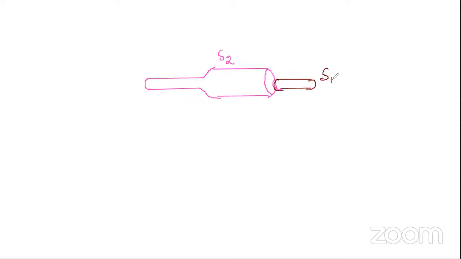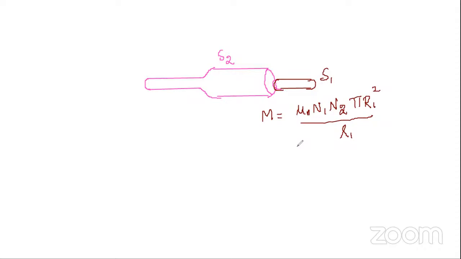You can calculate the mutual inductance between these two solenoids. That can be written as M equal to mu naught N1 N2 pi R1 squared, divided by L1. N1 and N2 are the number of turns in solenoids 1 and 2 respectively, and R1 is the radius of solenoid 1.